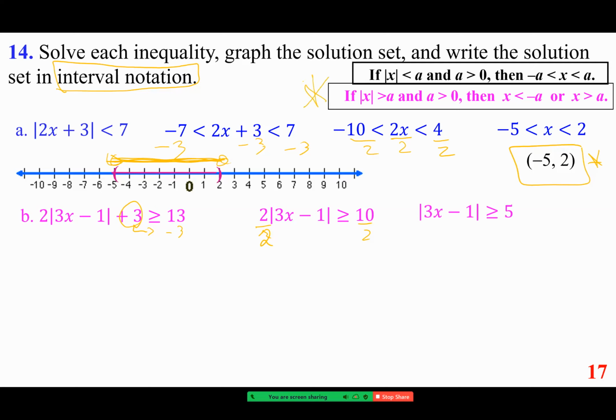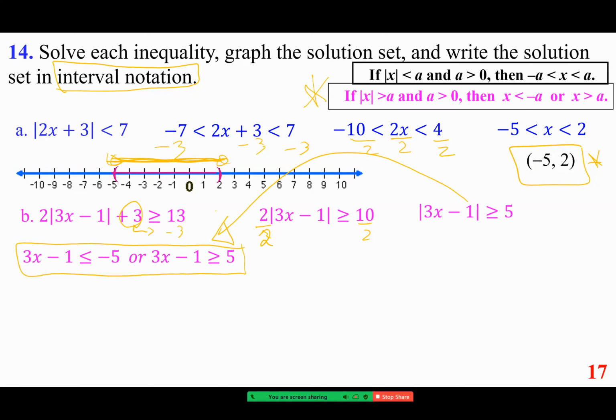So 3x minus 1 is less than or equal to negative 5, or greater than or equal to 5. In other words, pay attention to this step and how we go from here to here. Now each one must be solved.